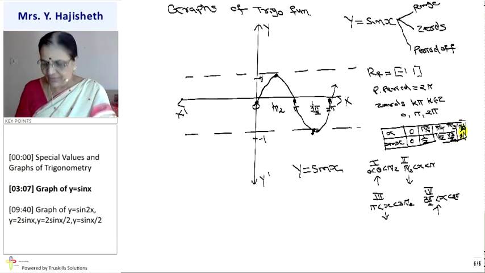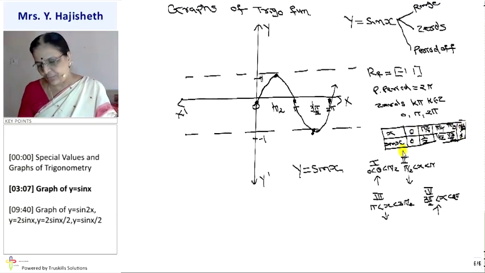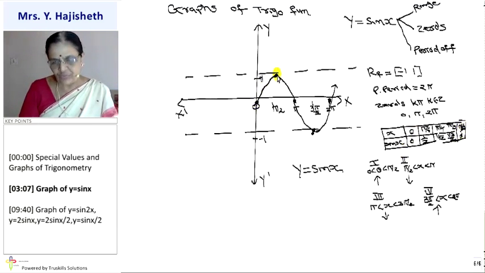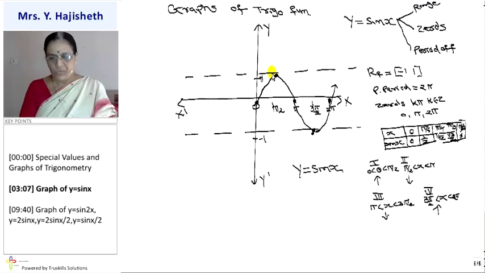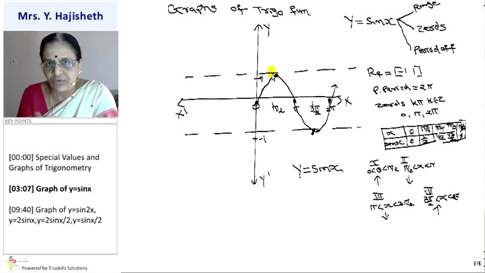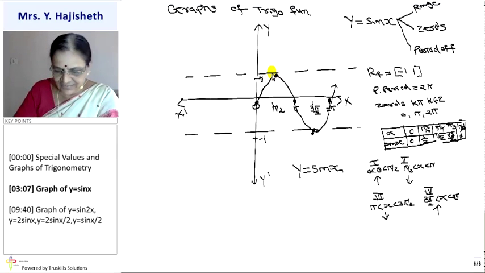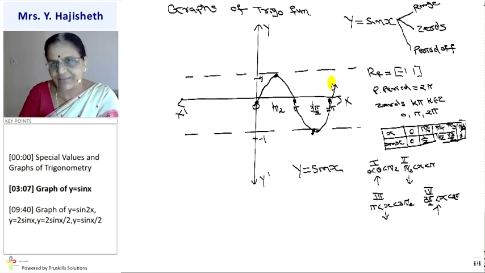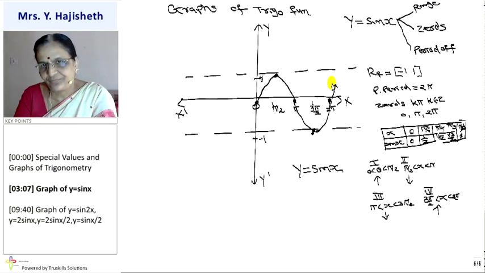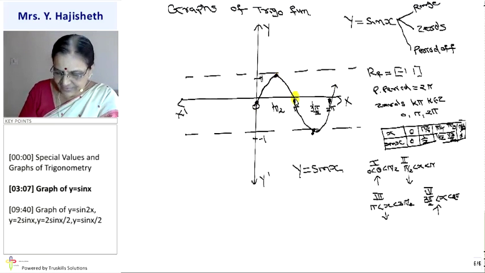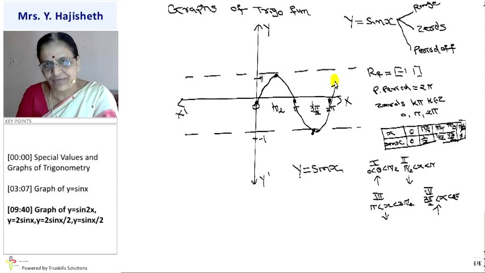When theta increases from 0 to pi by 2, my sin takes value from 0 to 1. Are you clear how to construct the graph of y is sin x? What is the shape of the graph? It is just like S, reverse S, right? Semicircle, semicircle. That way also you can remember.